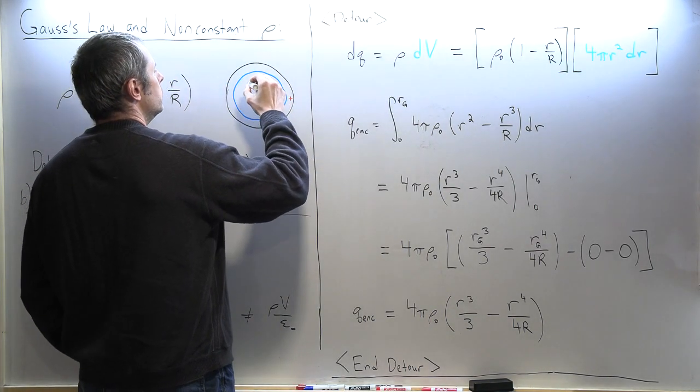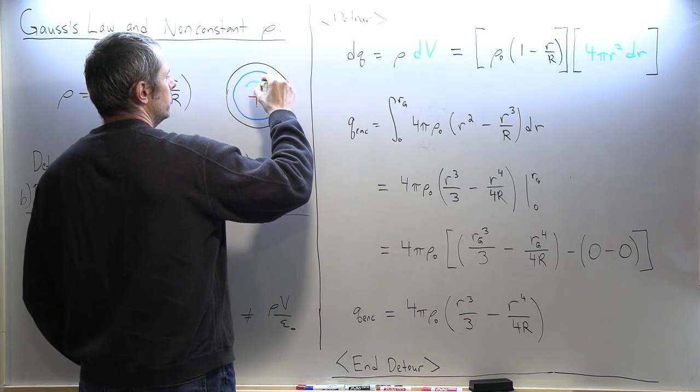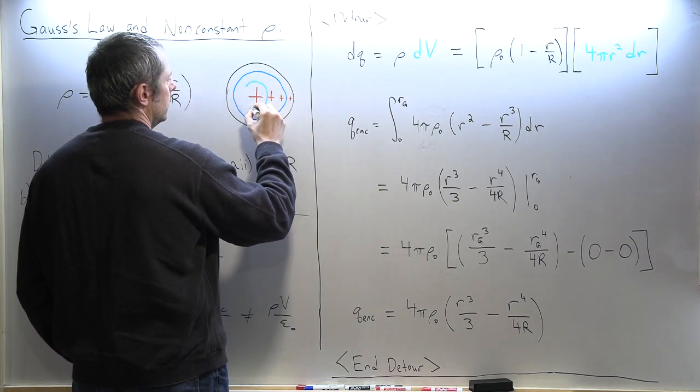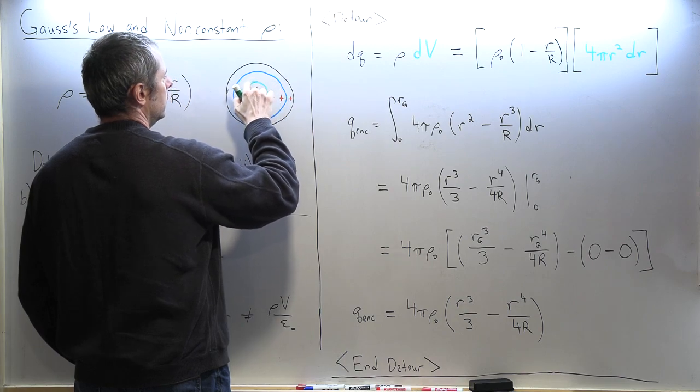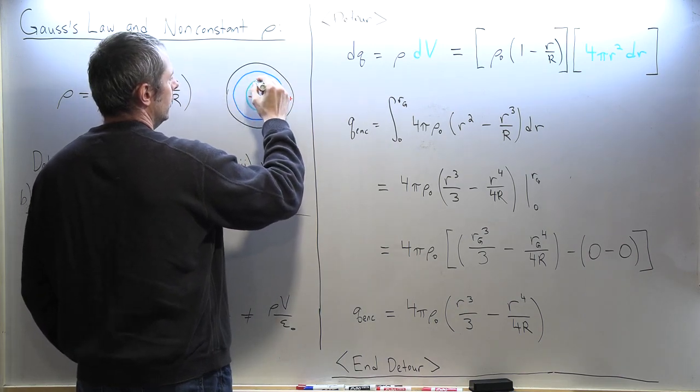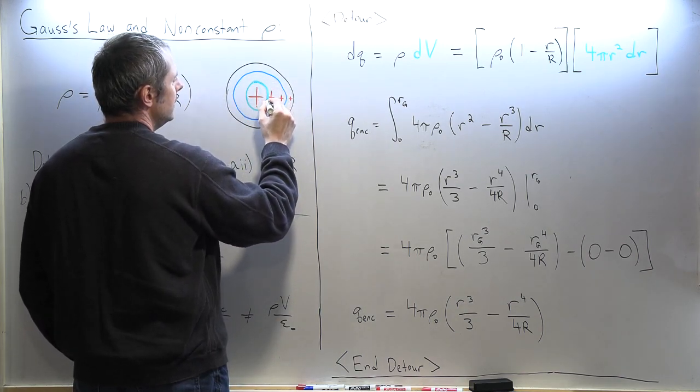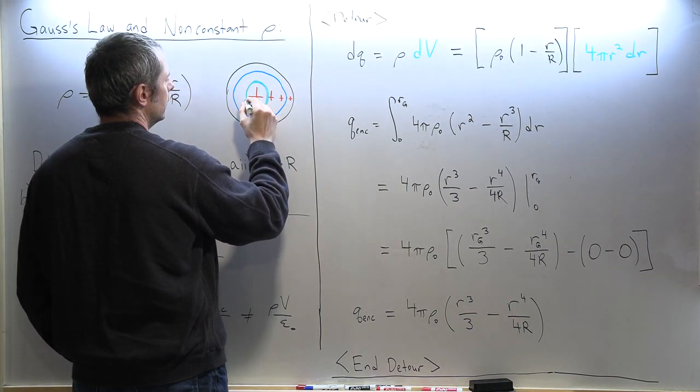So what I'm going to do is pick a sphere like this. It's a really skinny, thin shell of a sphere.